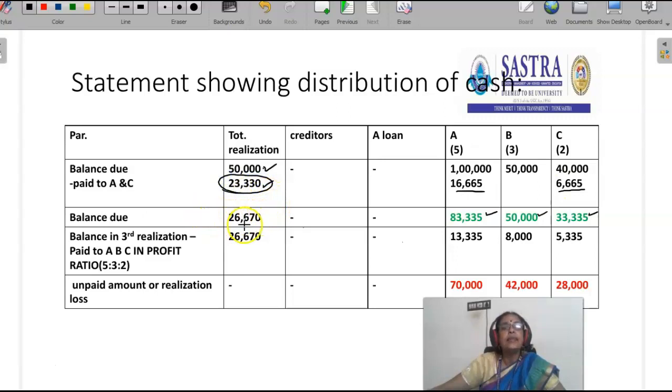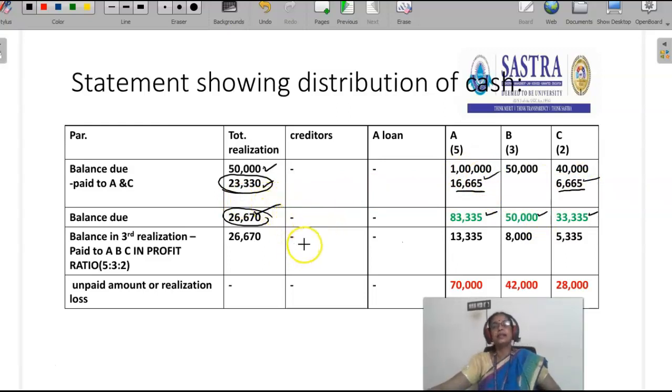So the cash balance available in the firm is 26,670. That 26,670 is the balance in the third realization. It has cleared all the surplus. First it settled C to the extent of 30,000. Then it settled A and C to the extent of 23,330. So the surplus is over.